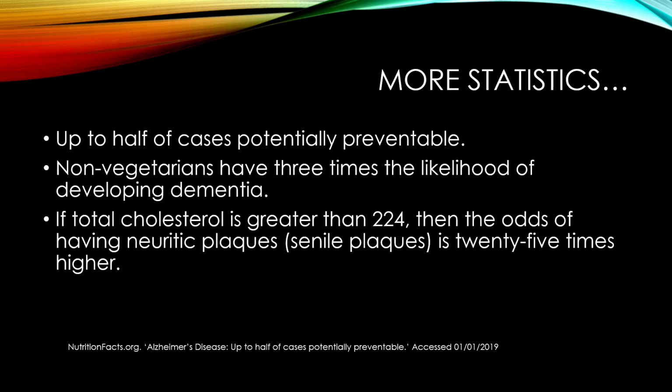A little bit more on the statistics. Up to half of cases are potentially preventable, is what we're now finding out. So if 50% of it can be prevented, you can imagine what the statistics would show if that is actually done. Non-vegetarians have three times the likelihood of developing dementia.